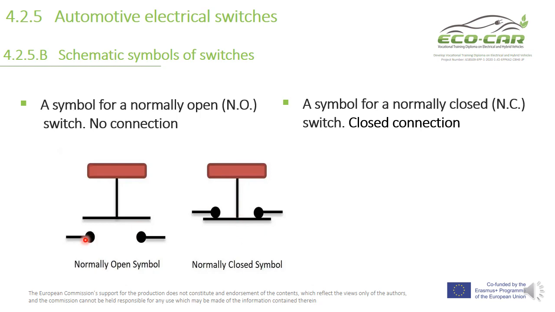So here no current, no connection. This one is closed, there is connection, there is current going through this connection. The symbol of the switch is like this. It's called a push button switch to open or close the electrical circuit.